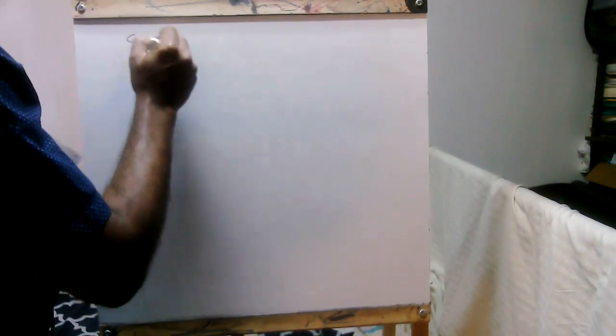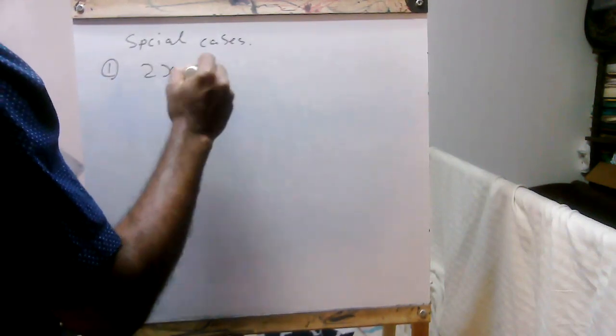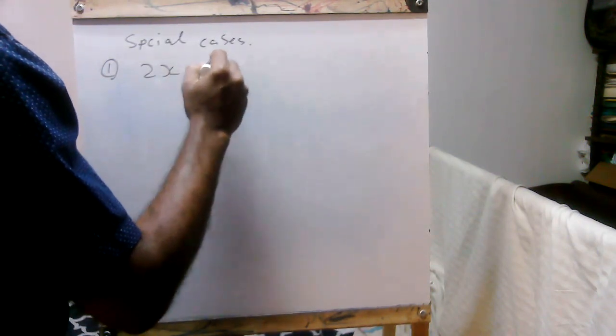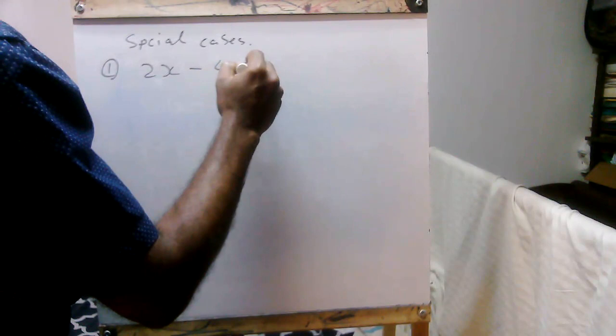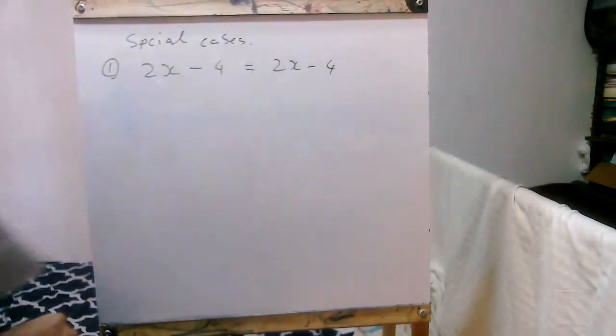Now I want to discuss two special cases. x minus 4 equal to 2x minus 4.